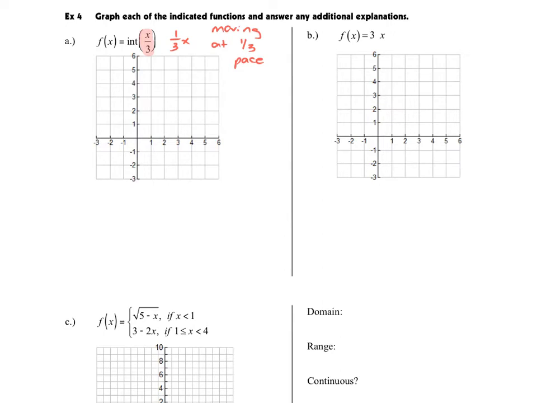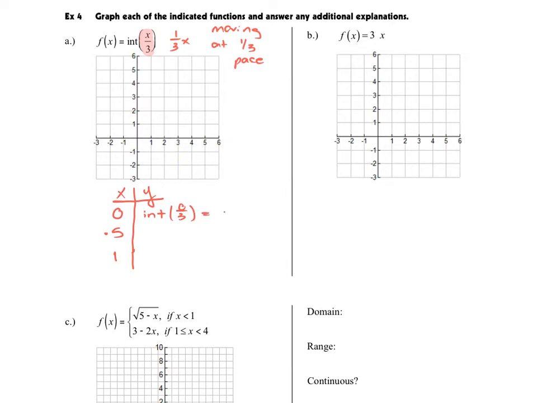Now, on a greatest integer function, it might be easier if we draw out just a small t-chart for ourselves here, just so that we understand what's actually happening. So if I pick some values, for example, I can pick a 0, I can pick a 0.5, and I can pick a 1, and let's just see what happens when we evaluate. So if I put a 0 into my function, I'm actually finding the greatest integer of 0/3, or in other words, the greatest integer of 0.